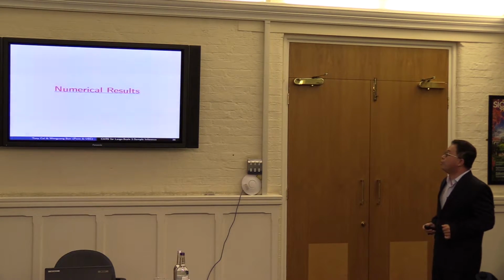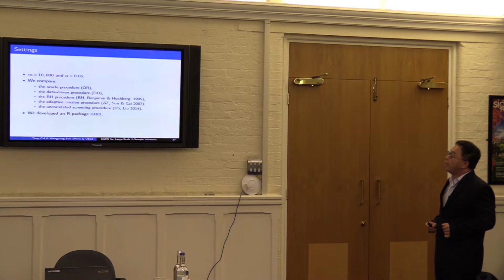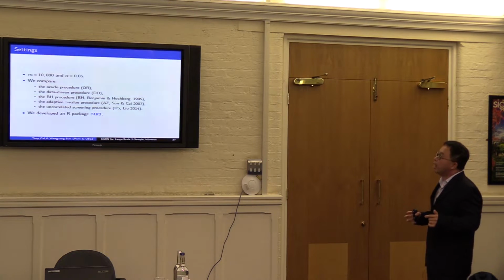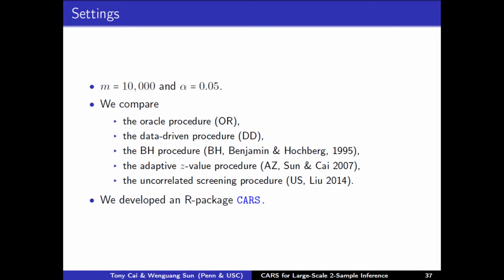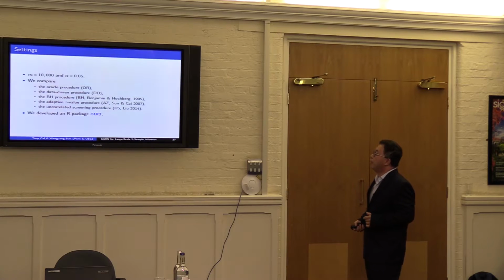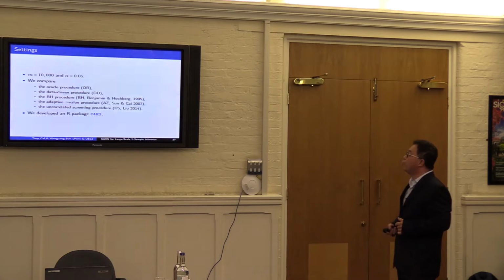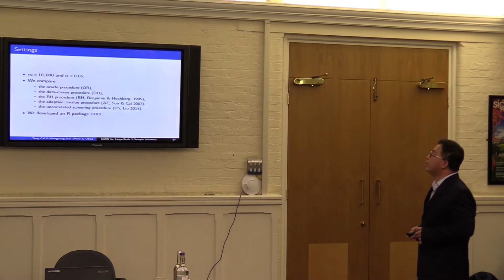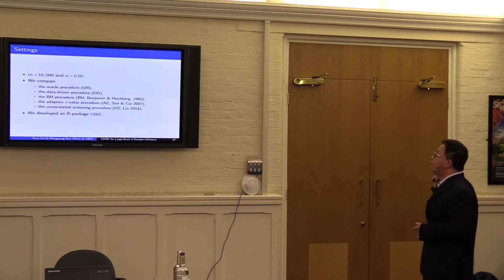Next, I'm going to present some numerical results. We will consider the simultaneous testing of 10,000 hypotheses, and the nominal FDR level is set to be 0.05. We are going to compare the following methods: the Oracle procedure and the data-driven procedure, which have been discussed by Tony, and the BH procedure and the adaptive z-value procedure, which Tony also mentioned at the beginning of the talk.